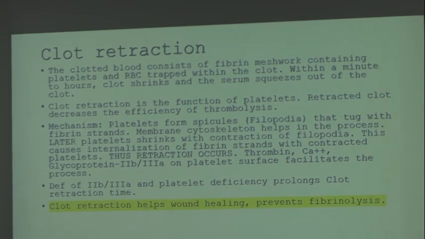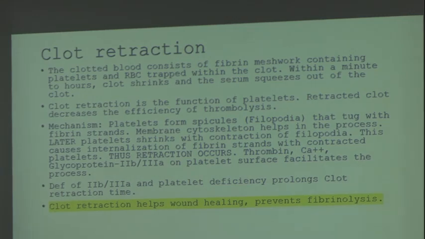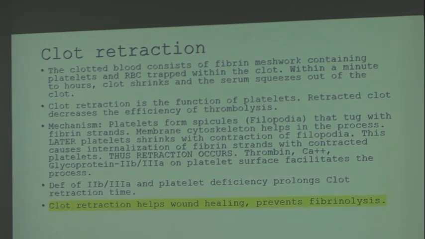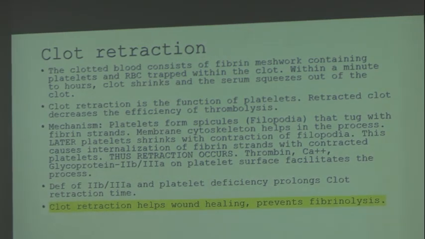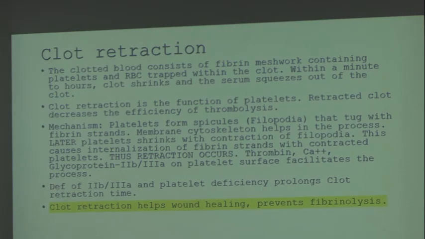See the marked, highlighted part, what is written? Important. Why is it happening? What is the need of it? The need is this: because I have to repair the injured area, but this area is occupied by the clot.